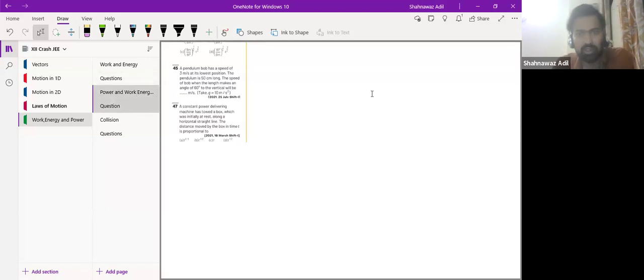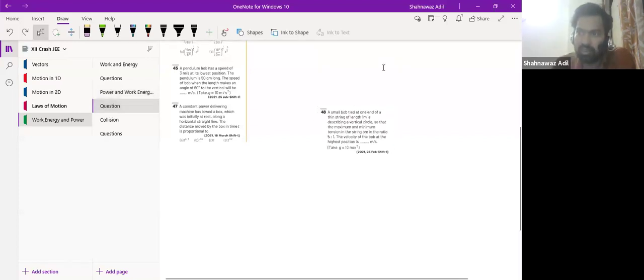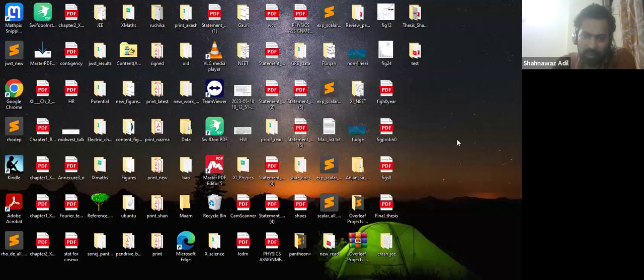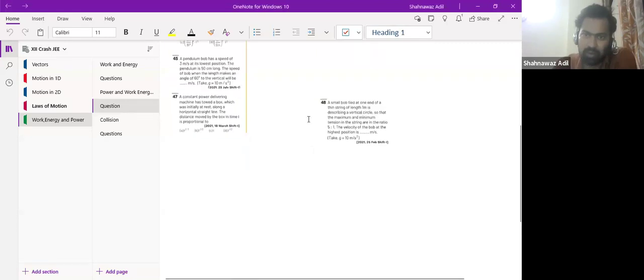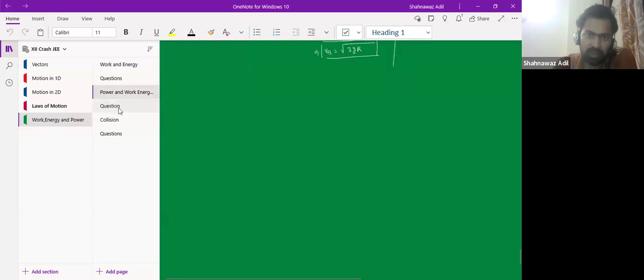Let me just cut this and reopen it. And let me open my OneNote again, and hopefully that works. Okay, is it working? Yeah, it is working.